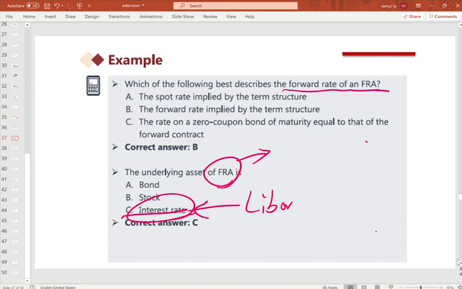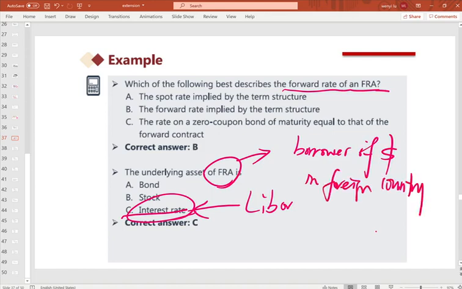If you are a borrower of dollars in a foreign country, you will sign this FRA contract to reduce the potential interest rate risk. So our underlying asset is the interest rate for loans.